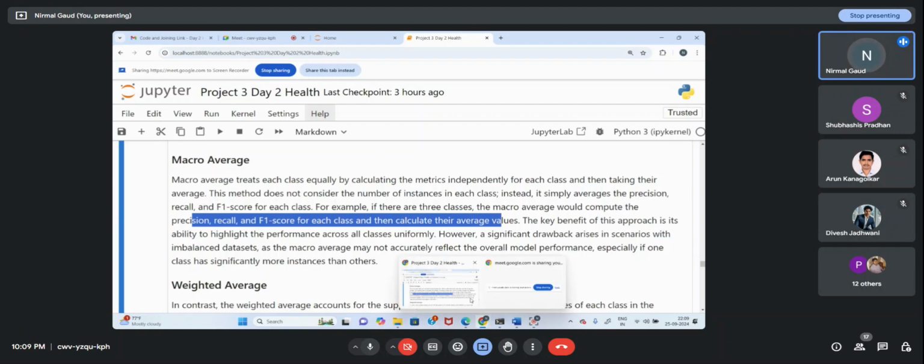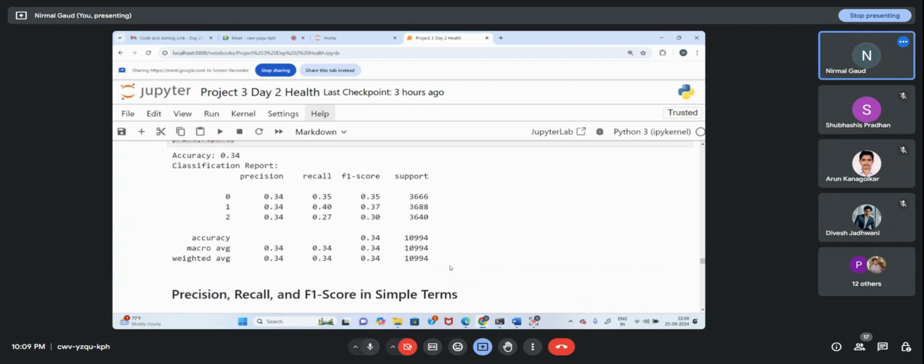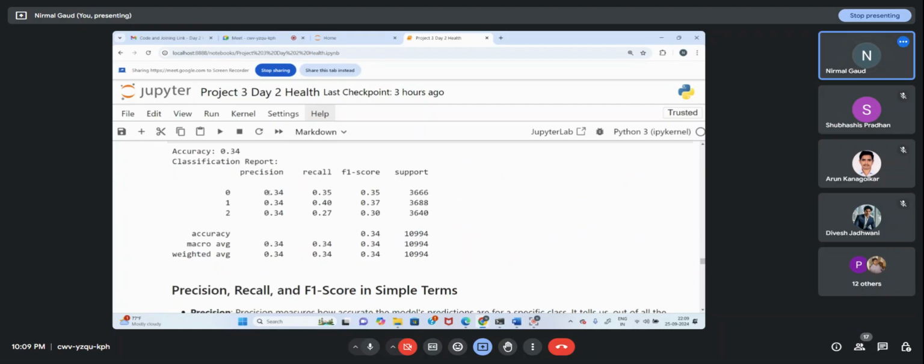So if I take precision 0.34, 0.34, 0.34, then 0.34 plus 0.34 plus 0.34 divided by 3. That will be the macro average. Just add all 3 and divide by 3. That is the average precision.